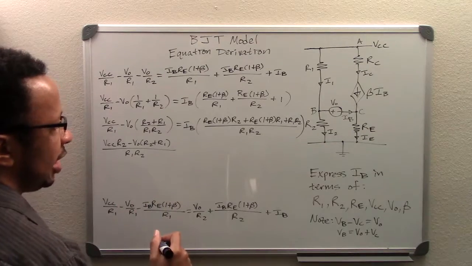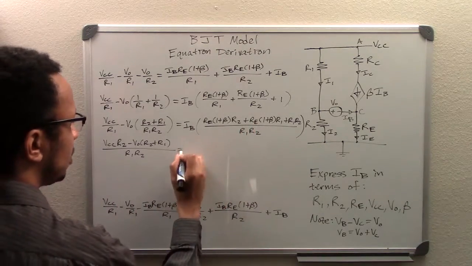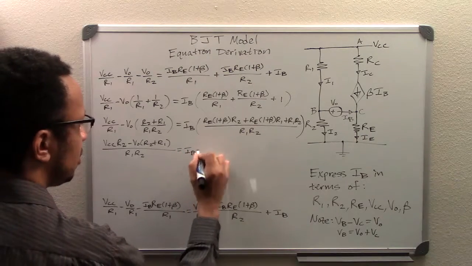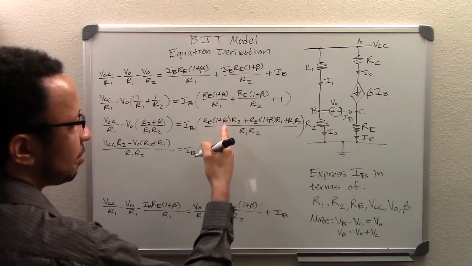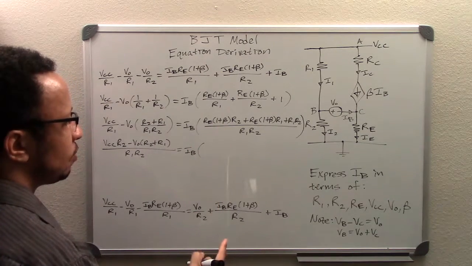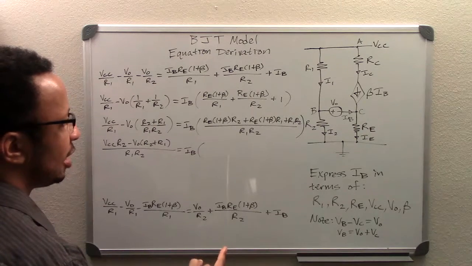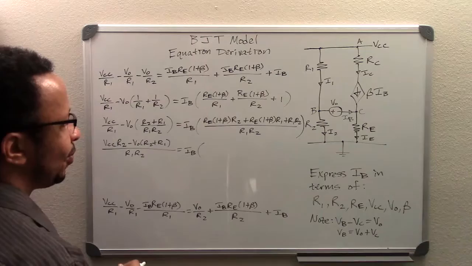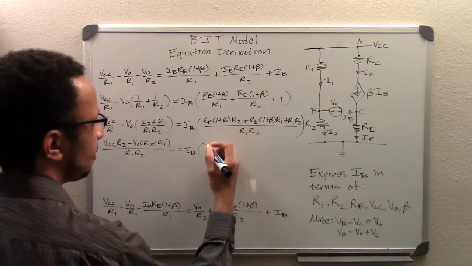Okay, so then next what we can do over here is we're going to start factoring. That's equal to IB times, we have 1 plus beta and RE. And we could go ahead and factor that. I guess I will do that. That'll be less writing at the very least.